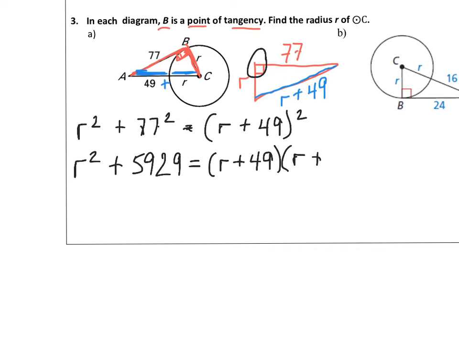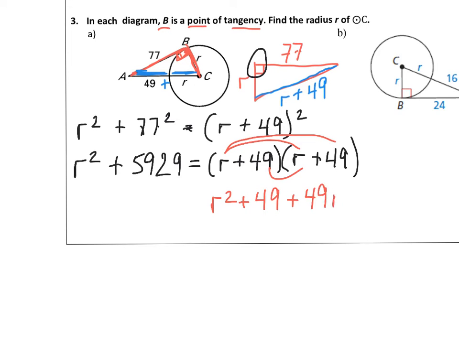Now remember, when you're squaring this, it's really going to be R plus 49 times R plus 49. So let's take a minute, we'll go through and FOIL this. So I'm going to end up with R squared, 49R, inner 49R, and the last 49 and 49, which is going to give me 2,401.